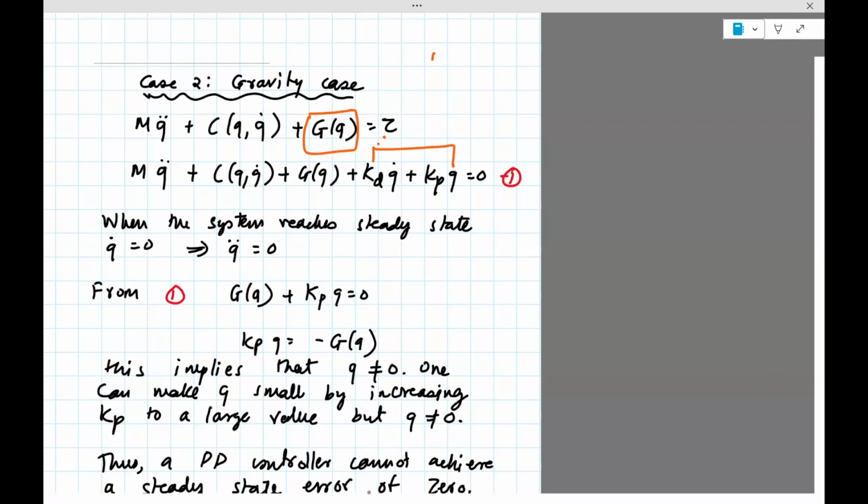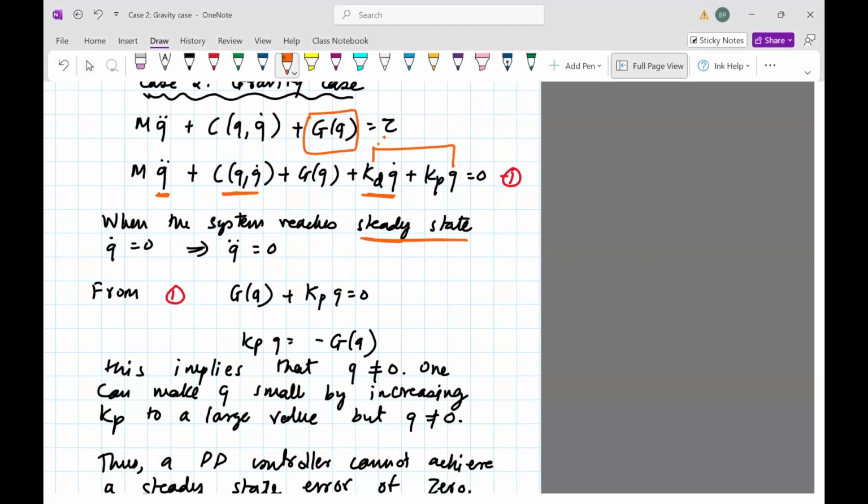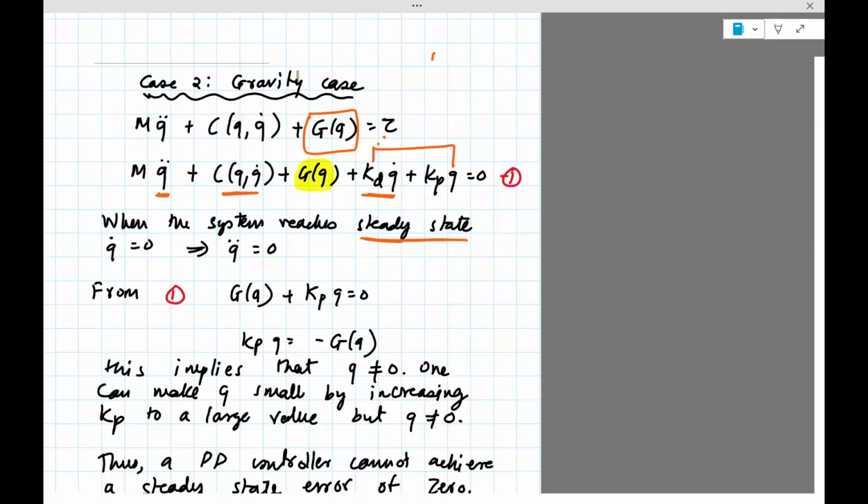Now, when the system reaches a steady state, what is the steady state? Steady state is when the velocity and the acceleration are 0. So if you put Q double dot equal to 0 and the velocity to 0, this term will be 0 and this term will be 0. So you're only left with G of Q, because Q is not 0. It's some equilibrium position.